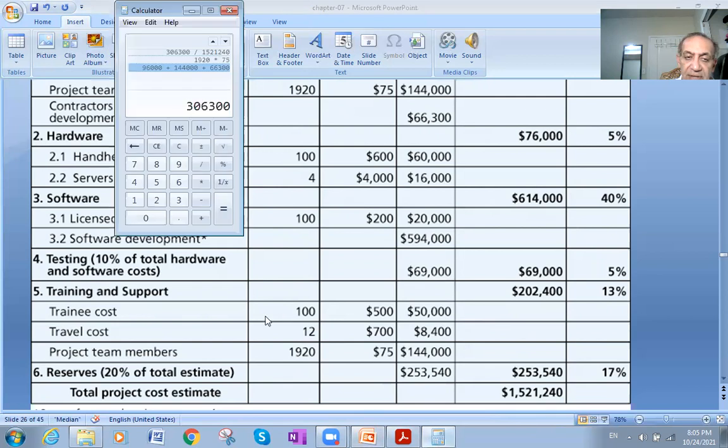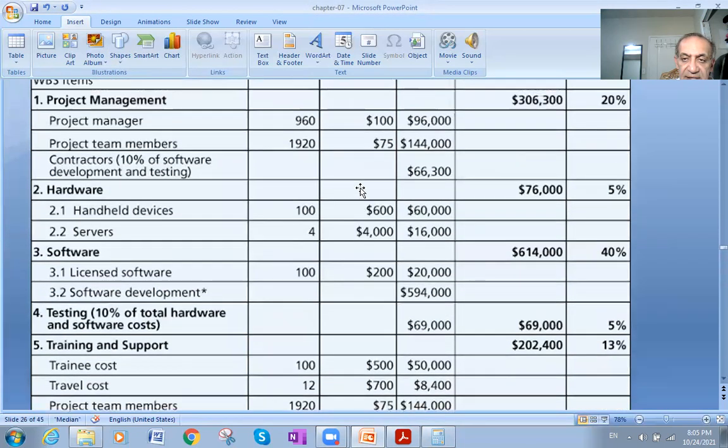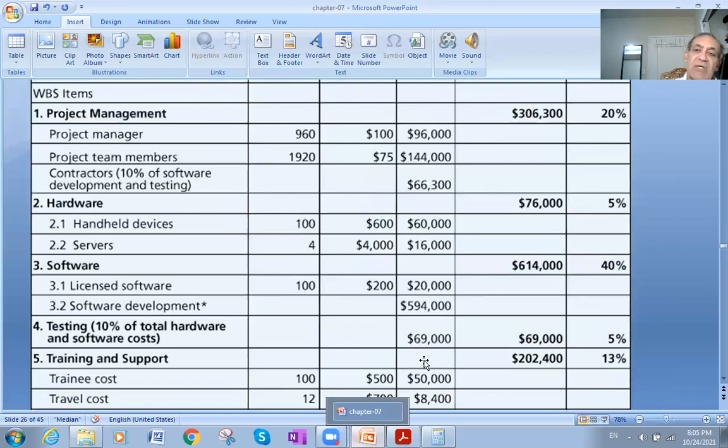We divide them by each other, and that equals 20%, which we had previously here. So all the subtotals, I will add them up, then divide them by the total of the whole project costs. That will give me an estimation that around 20% of the total costs will go to the project management and the work on this item.